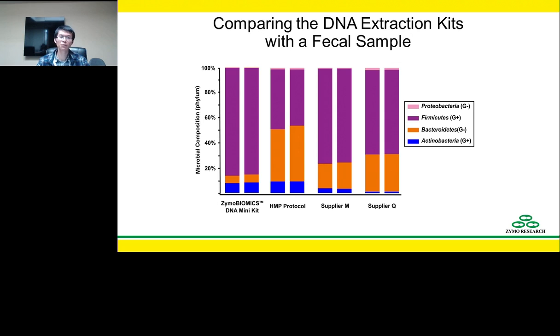If we do the same comparison but using a real feces sample, this is how the profile would look. If you assume the profile generated using the ZymoBIOMICS DNA Miniprep Kit is closer to the real composition of the feces sample, then the other 3 protocols overestimate the abundance of Proteobacteria and Bacteroidetes, and underestimate the abundance of Firmicutes and Actinobacteria. Coincidentally, Proteobacteria and Bacteroidetes are mostly gram-negative and easier to lyse, and Firmicutes and Actinobacteria are mostly gram-positive and tough to lyse.